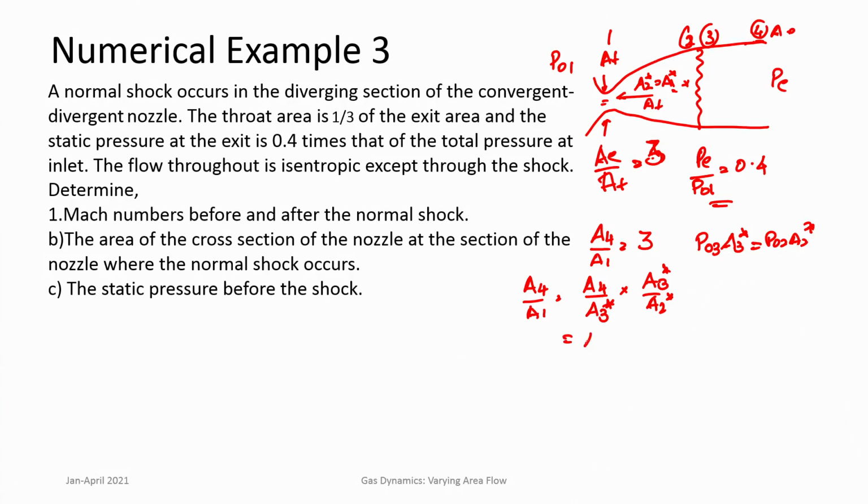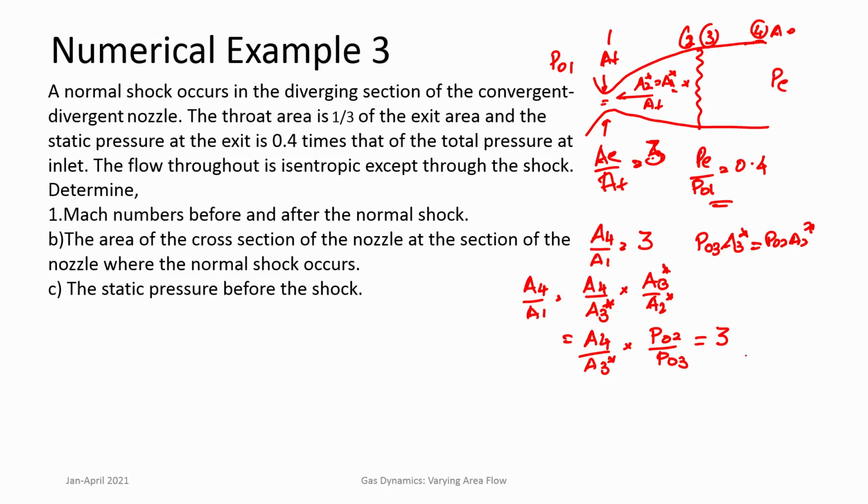So, this is A4 by A3 star multiplied by P02 by P03. If we can find out what is P02 by P03, then we can find what is the Mach number, but this is A4 by A1. So, this is equal to 3.